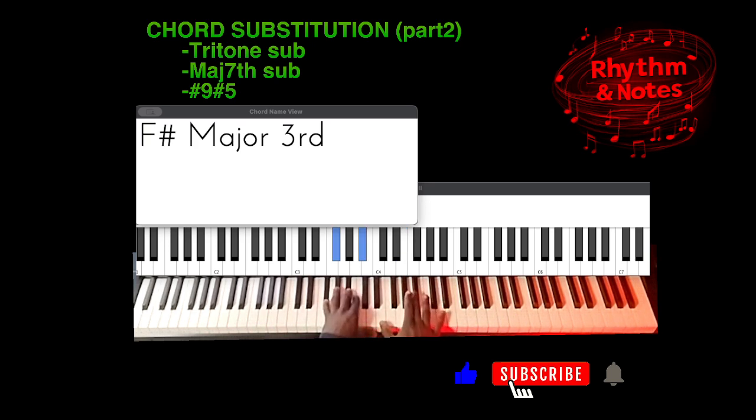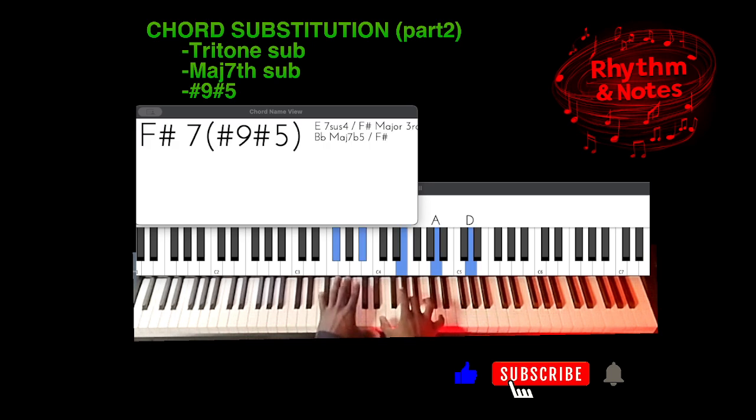The middle finger plays the flat 3. So in the key of F, you have do, re, mi, fa, sol. This plays the flat 3. Go down 1 semitone, and then your pinky plays the sharp 5. This is your 5, the sharp 5. You go up 1 semitone. So that's it.